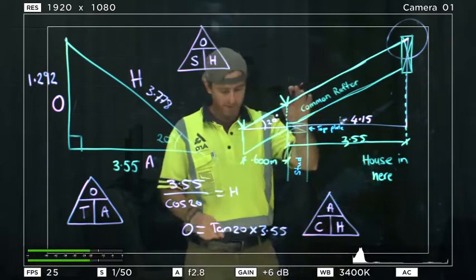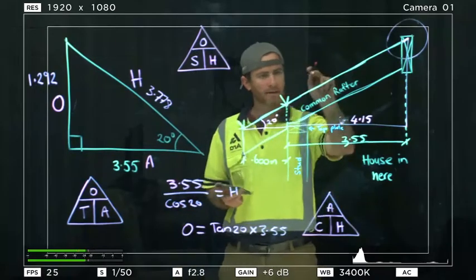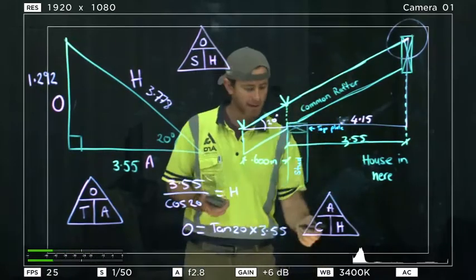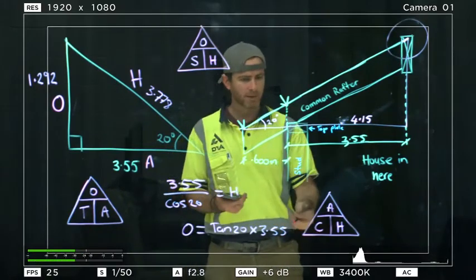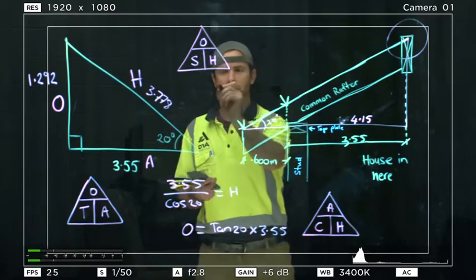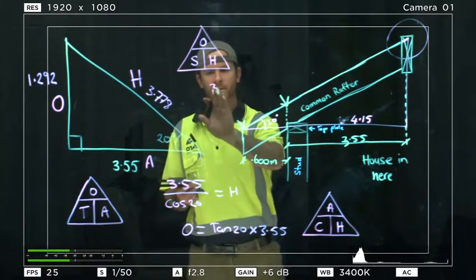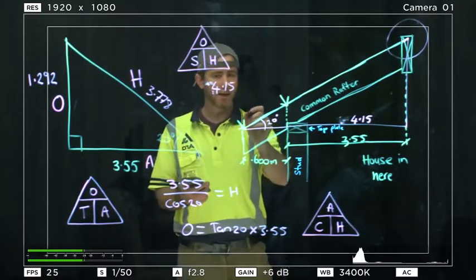Now we can calculate. Calculator's out. We want to work out this, so we are going to use our cos triangle. So we're going to go 4.15, and what are we going to do?